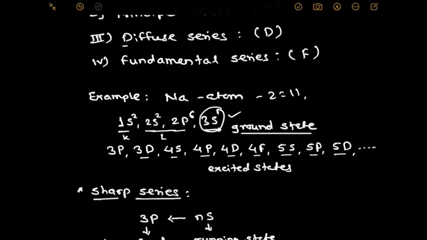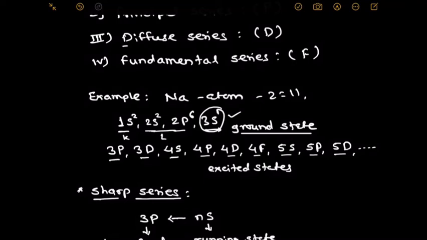Those transitions take place from nS excited states to the 3P lower fixed state. Suppose we write here the ground state, then the next higher state 3P, the next higher 3D, and the next one 4S. All S states are nS, starting from 3S, 4S, 5S, 6S, 7S and so on.